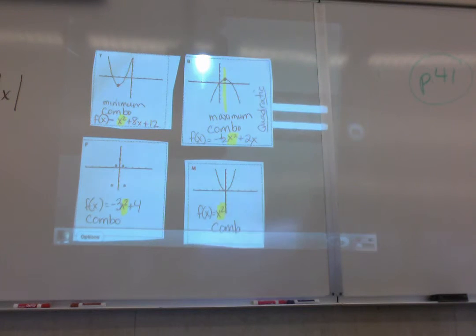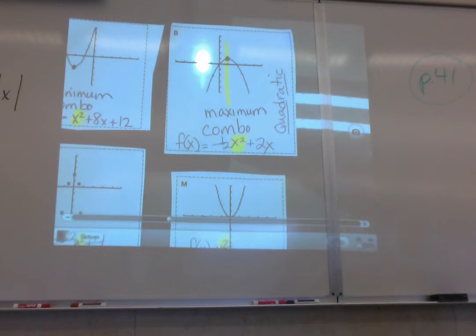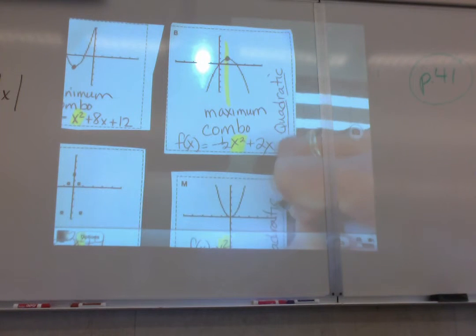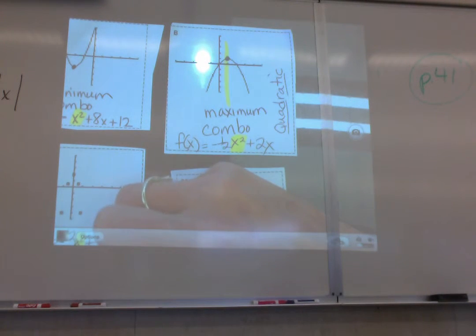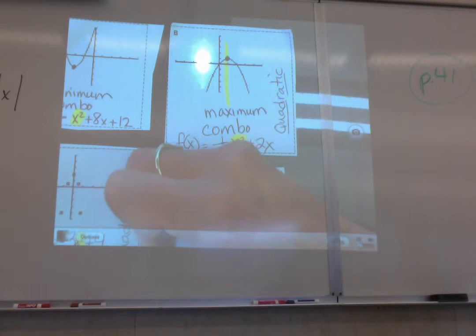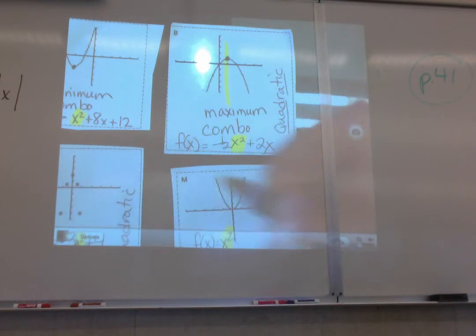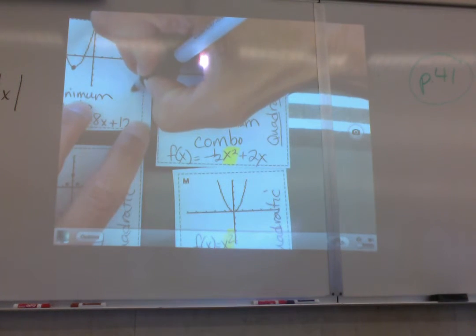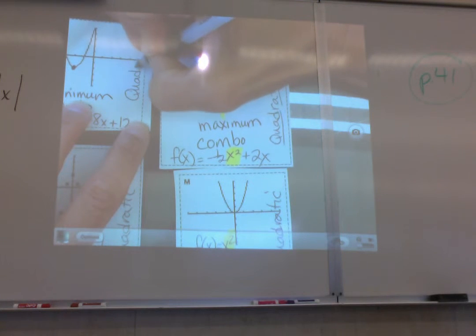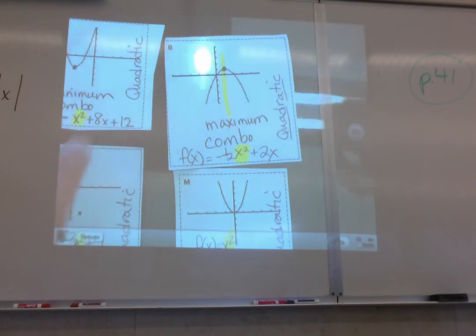Quadratic. So you're going to write quadratic on these 4 pieces of paper. Is that big enough for you to see? Quadratic. Okay, so 4 times we're writing the word quadratic.